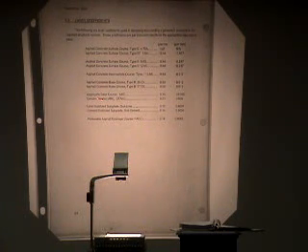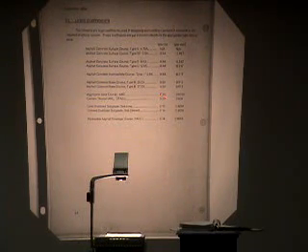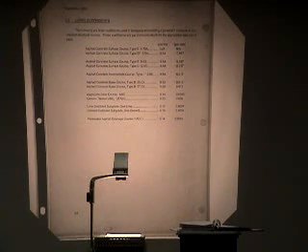Let's look at aggregate base. That's 0.14. 0.14 is about half of 0.30 for asphalt base. So what that's saying is that on a per inch basis, aggregate is about half as strong as asphalt.